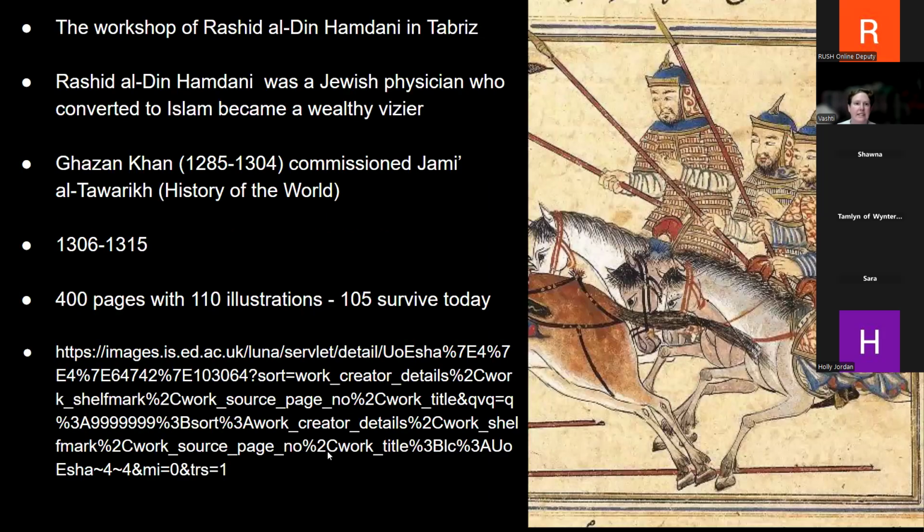So this is getting into Rashid al-Din's workshop. Rashid Hamdani is a Jewish physician who converted to Islam, and he actually became a really important guy in the government. He became not only a physician to one of the Mongol governors, but he became kind of the general counsel.